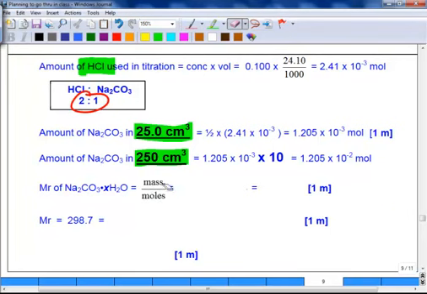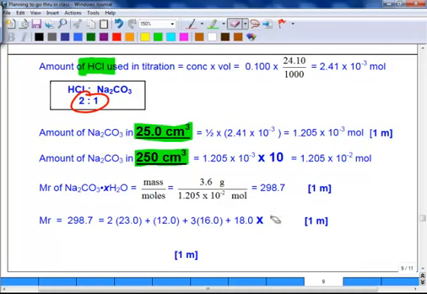MR equals mass over moles. So you take 3.6 divided by the moles, you get the MR. To find X, you take this minus away the Na2CO3 and divide by 18 to get X. 18 here refers to the H2O. Okay, you can take a picture, then I'll move on already.